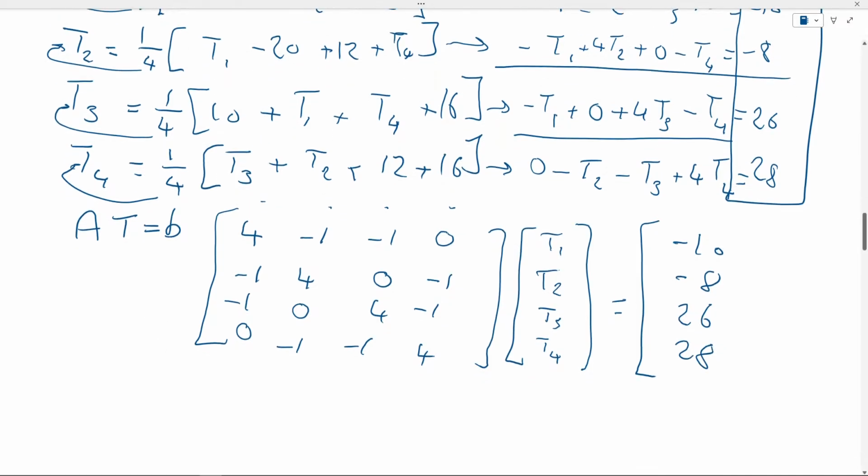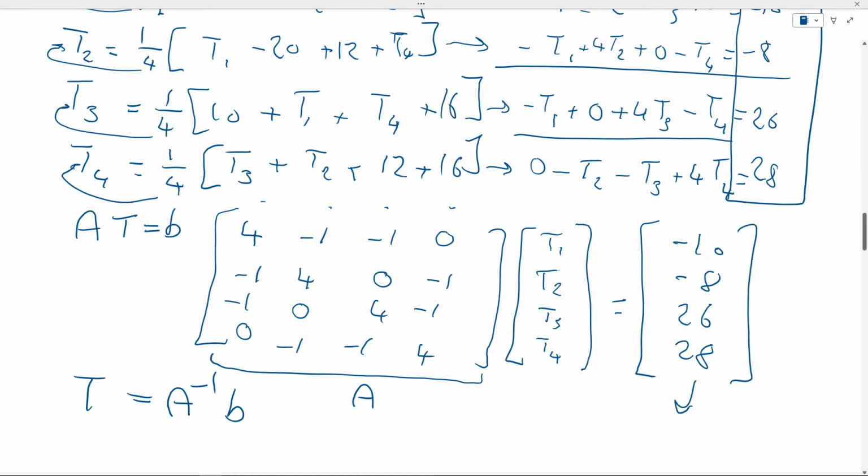Well, can I solve this? Yes, I know how to solve it because I know that T is equal to the inverse of A times B. So if I find the inverse of A and multiply it by B, I will get T. So A times T is equal to B. Can I do this?